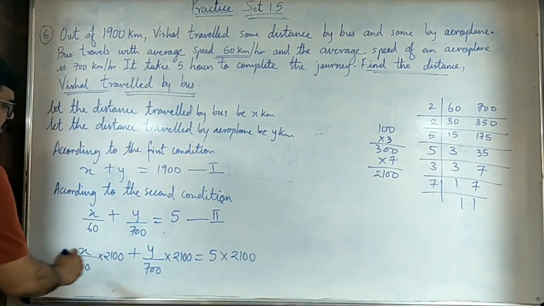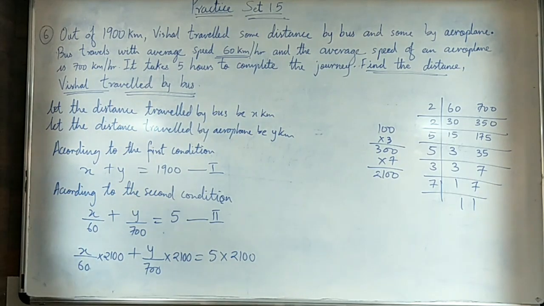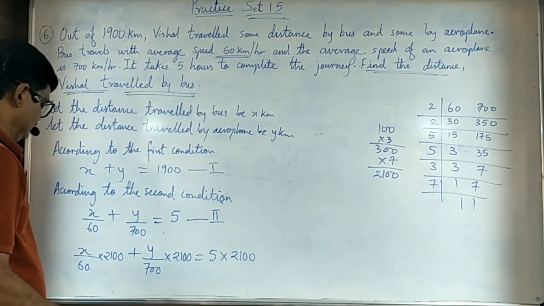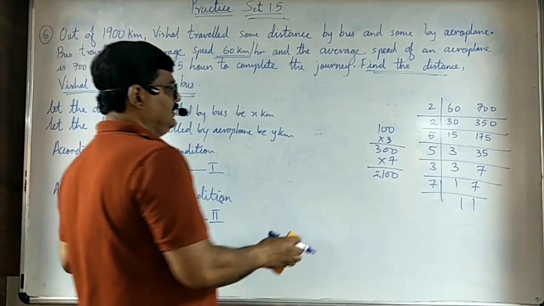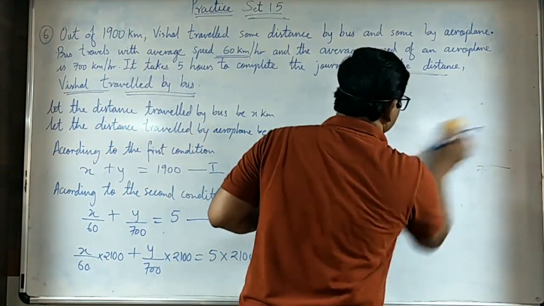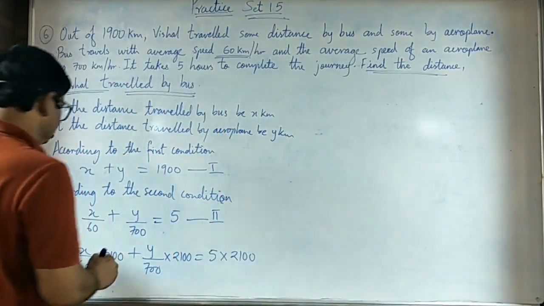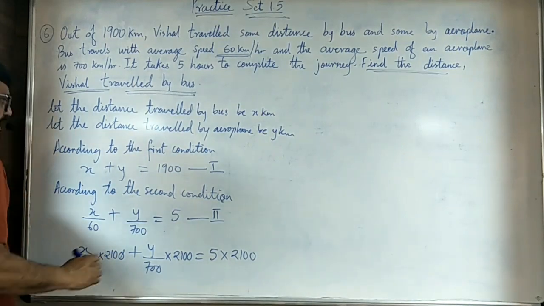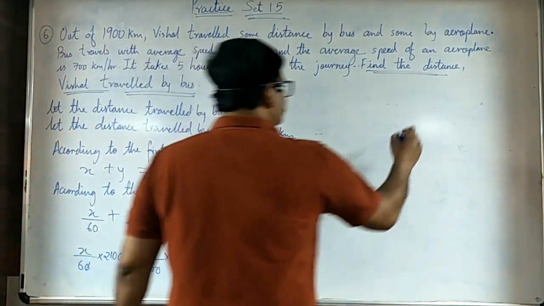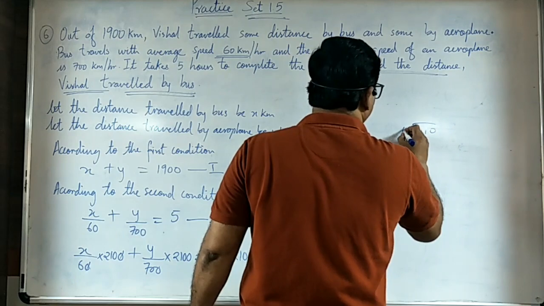Everybody can see this. I have multiplied throughout by 2100, which I got from the LCM. Now what I try to do here is cancel this. When I try to cancel this, 0 and 0 will get cancelled, and you have over here 210 upon 6.